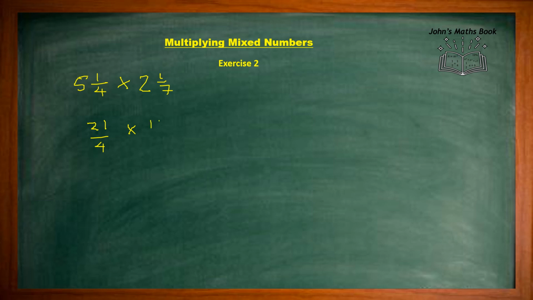So it's 15 divided by 7. Now we need to multiply the numerators and the denominators. So 21 times 15 divided by 4 times 7.